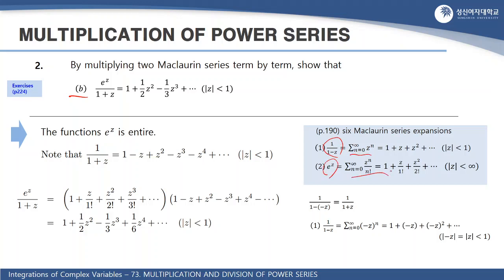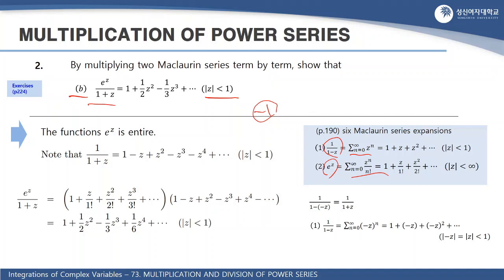We know, because the function e to the g is entire. But in this case, we need to exclude the singularity of the function 1 over 1 plus g. Negative 1 makes the denominator 0 here, so the valid condition should be modulus of g is less than 1.